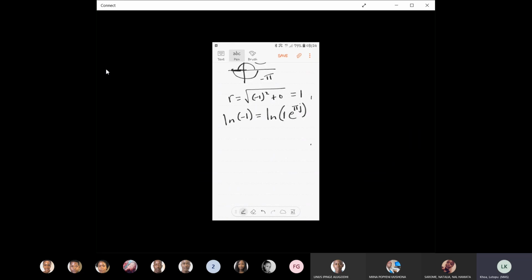And we know that ln of 1 is equal to 0. So I'll just work it out: 0 plus ln of that, which is just pi j. And this is 0 plus pi j, which is just pi j.